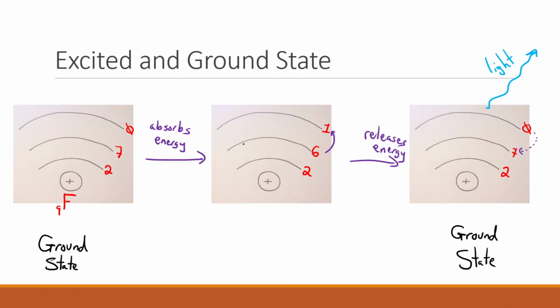This in the middle here with one electron out of place is the excited state. It's an electron configuration with one electron higher than it should be.